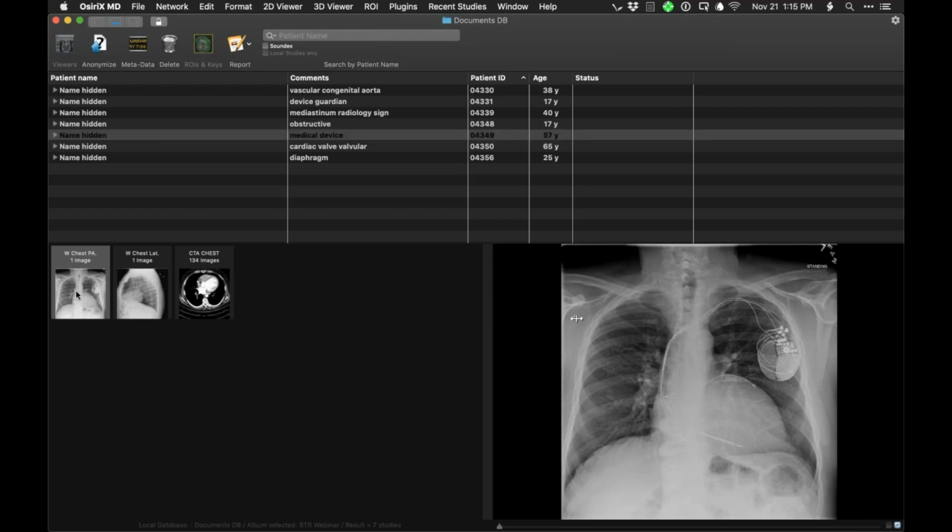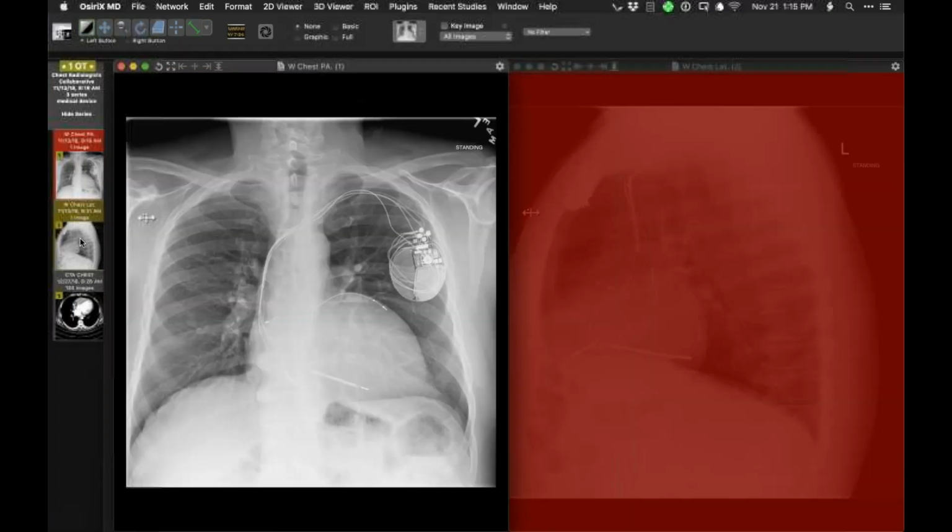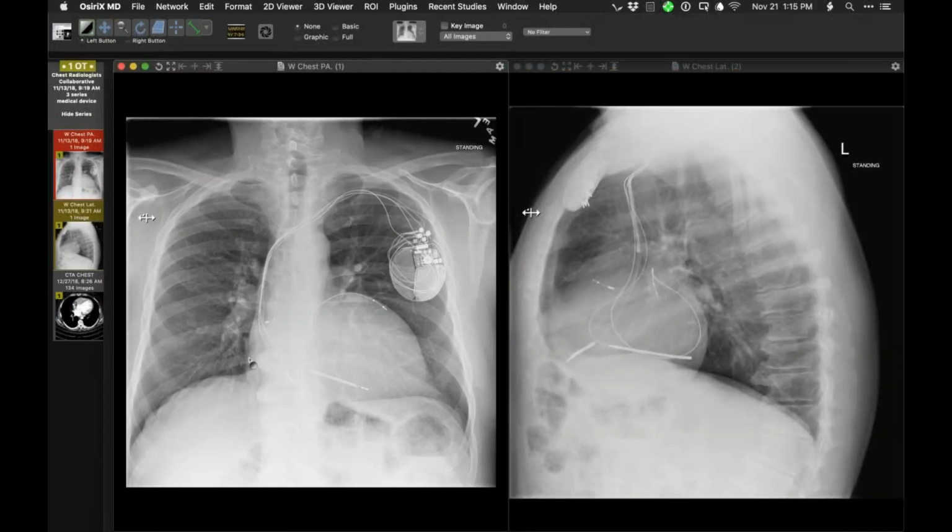So here is, I'll put up a frontal and a lateral. So this is the situation when one sees devices, and we clearly have a left pectoral CRTD device with leads in the expected locations in right atrial appendage, right ventricle, and a coronary vein, except we have one additional fourth device, which one can see here on the lateral projection.